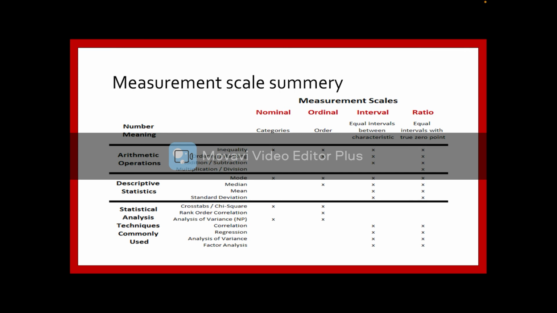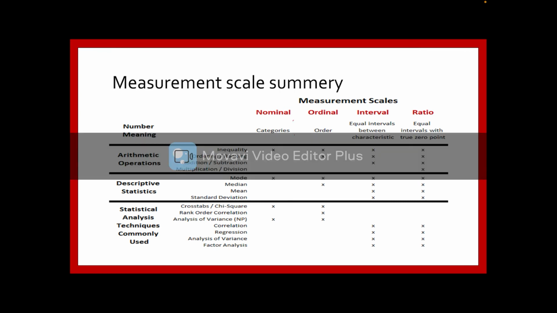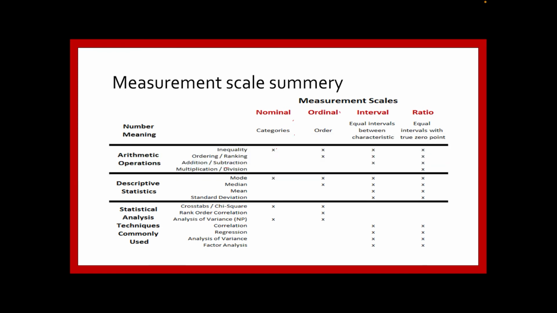Here is a summary of what kind of measurement we can use for these particular variables. For nominal, only categories with no ordering, no addition, subtraction, no multiplication, division. In ordinal variables, inequalities and ordering can be used.